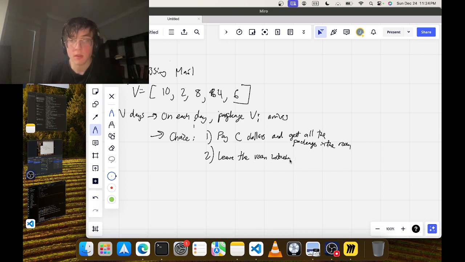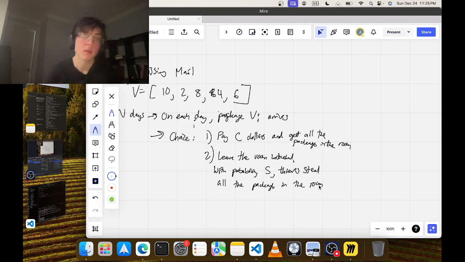And then with probability S, the thieves steal all the packages in the room.